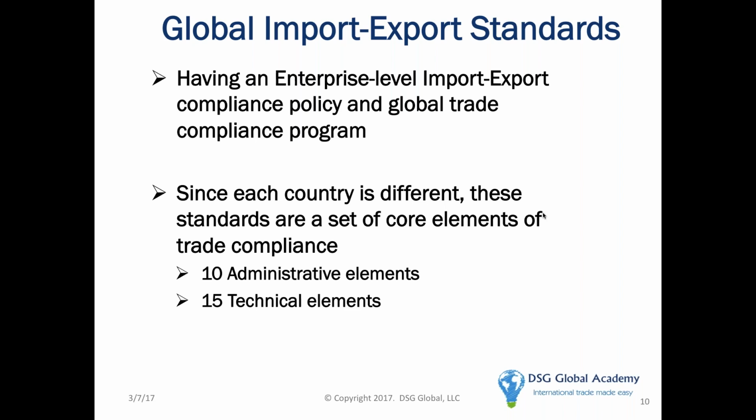What we came up with was 25 core elements that need to be present in their trade compliance policy and procedures. And these 25 elements is what we call your global import-export standards. It just has to be a couple of pages.